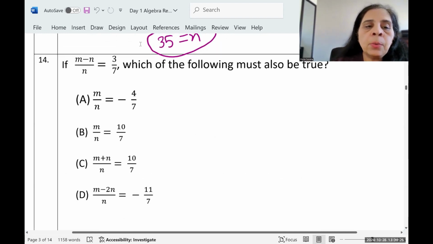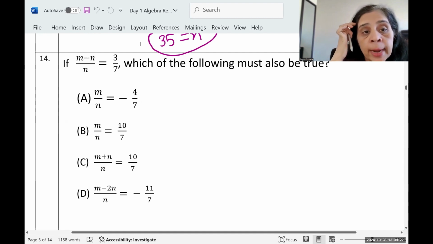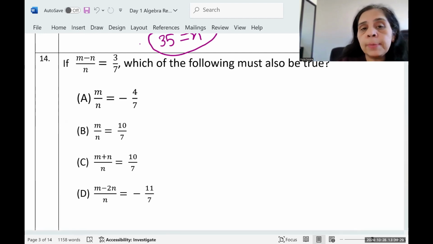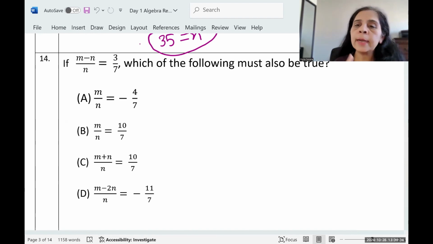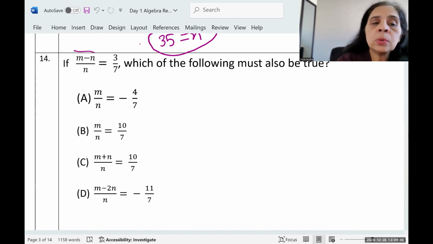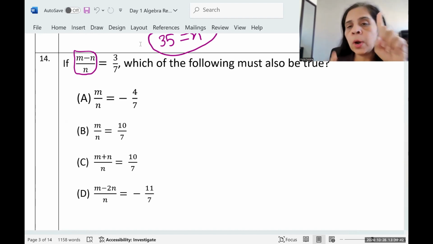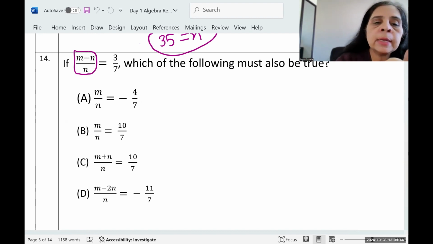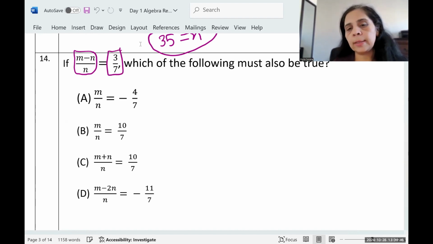Here we have an equation with fractions, and we have two variables in this equation, right? So what we can do here is the best strategy whenever we have a fraction equal to a fraction. We can see here, again, we have only one fraction on the left-hand side and one fraction on the right-hand side.